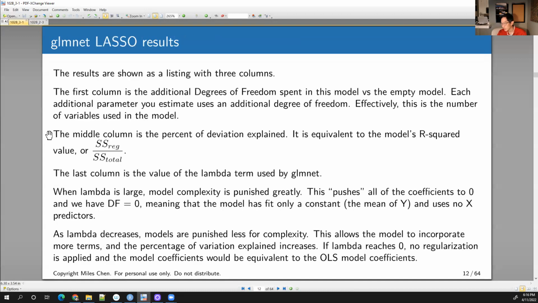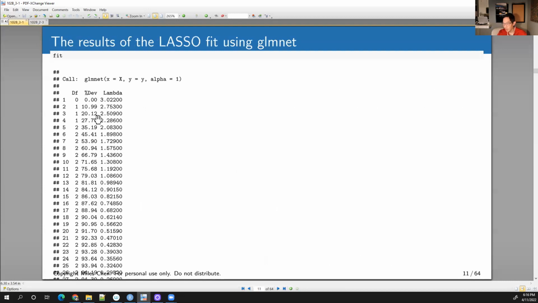The second column, the percent deviation explained, is the sum of squares regression divided by the sum of squares total, which is basically your total variance times n minus 1. And if you're not using any variables, of course, you're not going to be able to explain anything.